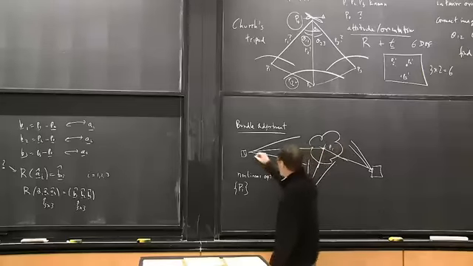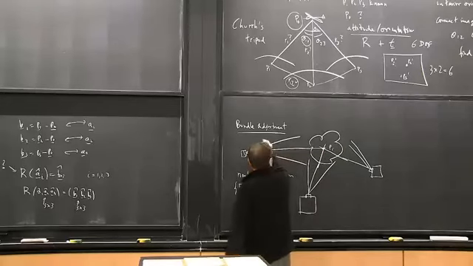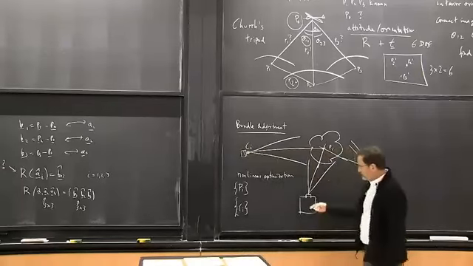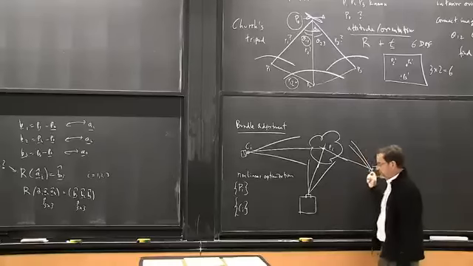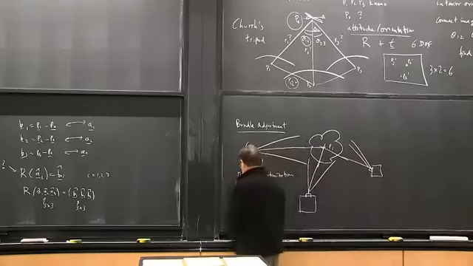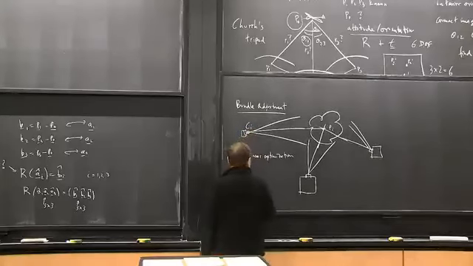What else is unknown? Well, the other thing that's unknown is we don't know where the cameras are. So we need to allow for the cameras to move around. Those are unknowns. And then, well, the cameras have an attitude in space. So there's a rotation.